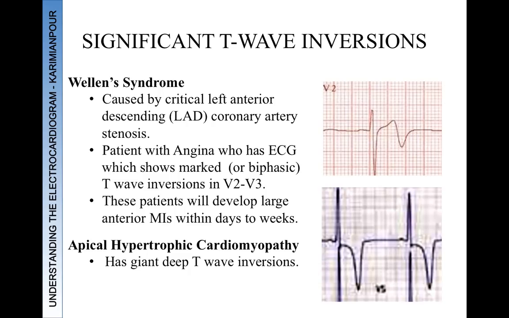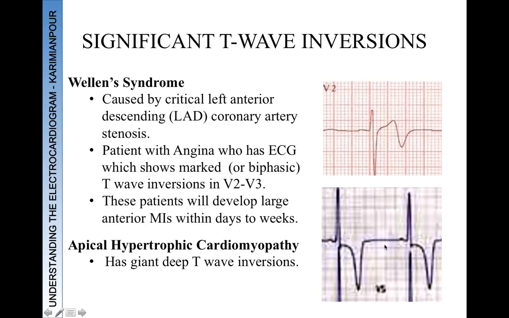And these patients will develop a large anterior MI from the widowmaker, from the LAD, within the next days to weeks. So it's important to catch this and not write it off as acid reflux or negative enzymes. This is just angina. Go see your cardiologist for a cath 2 months from now.